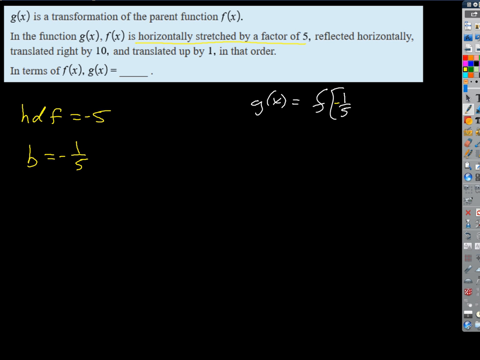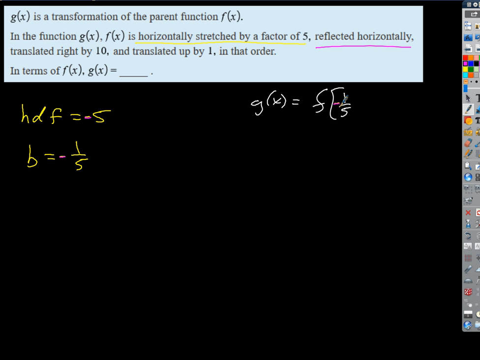And then we want to translate it right by 10. So how do we do that? If I want to go right by 10, what do I have to do in here? Here, let me color code it. Reflected horizontally gives us the negative, because that makes b negative. Shane, how about translating right by 10?